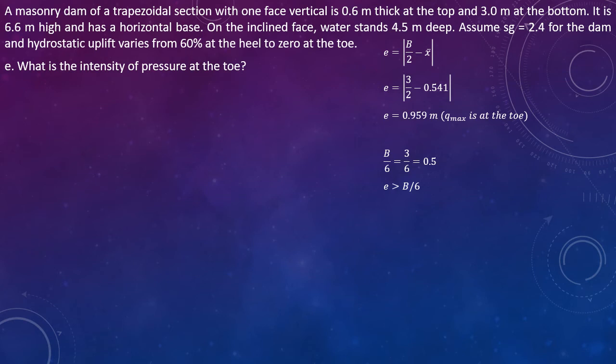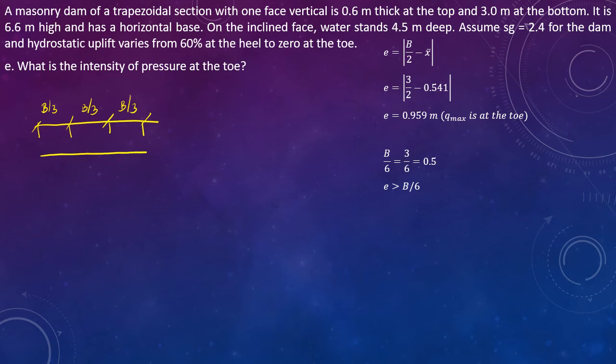So we have the base of the dam, and we're going to divide it into 3. So that we have b over 3, b over 3, and b over 3.